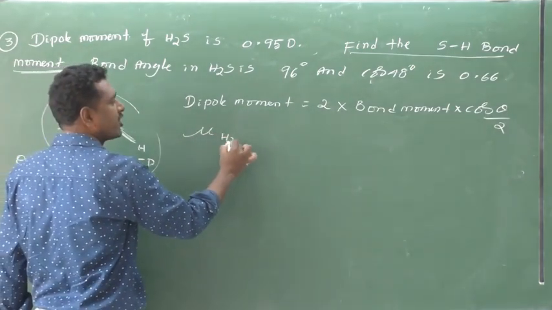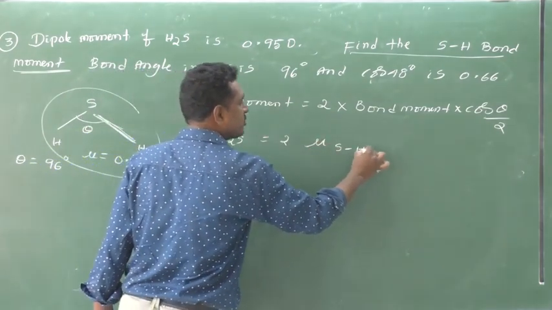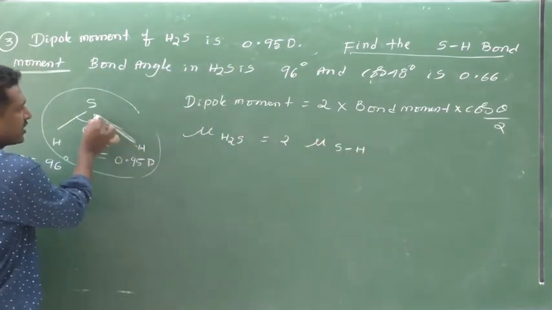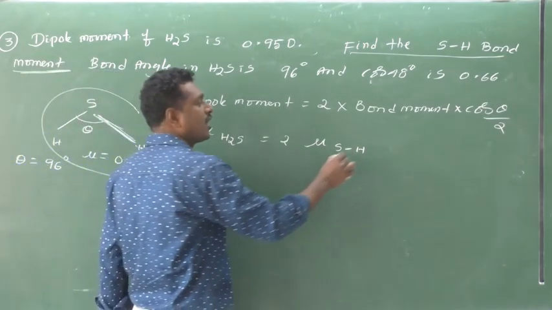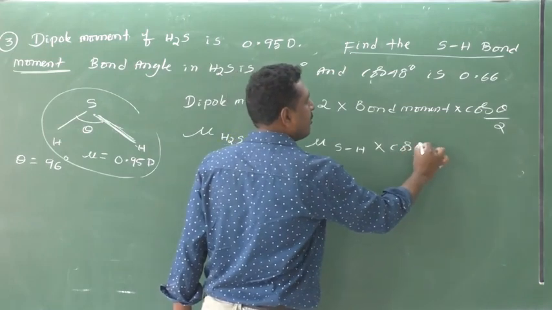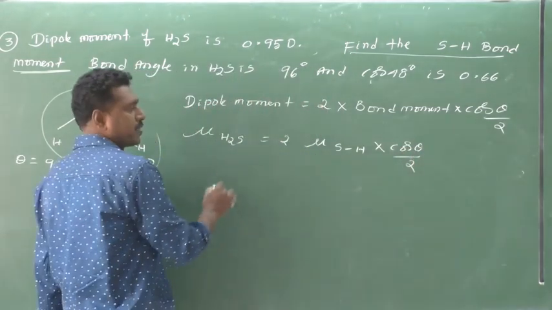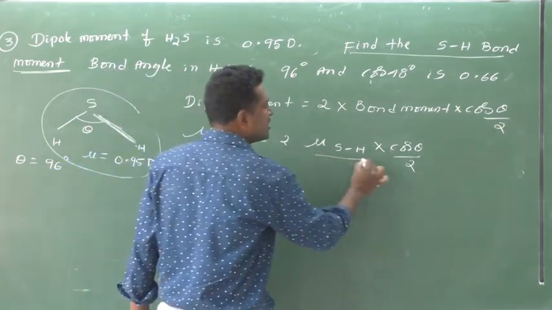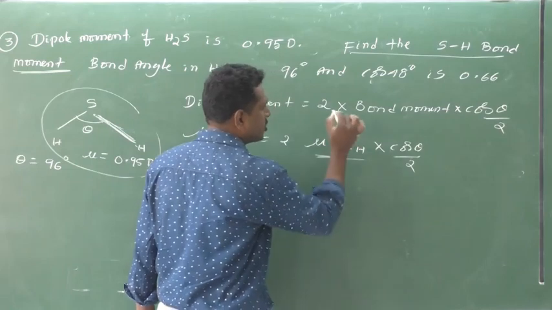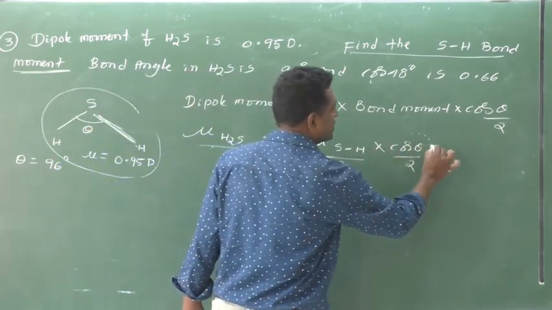Dipole moment of H2S equals 2 into bond moment of the SH bond, into cos theta by 2. Theta value is given, 96. So I will substitute. This value is given, 0.95. This value we have to calculate, this is the question mark.